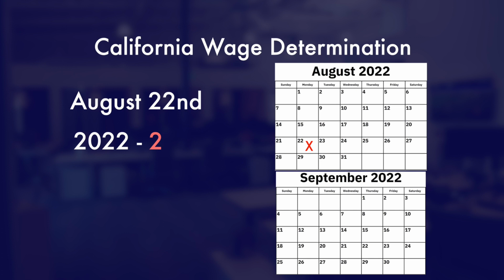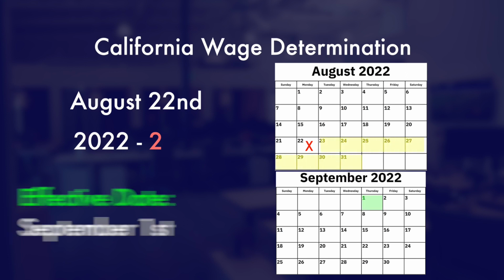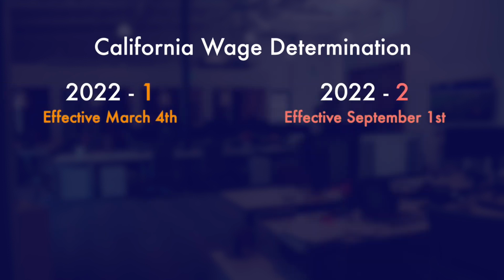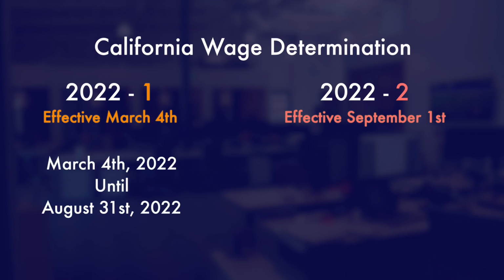The 2022-2 wage determination would be in effect 10 days from August 22nd, 2022. 10 days after August 22nd, 2022 is September 1st. Using these 2 dates, the 2022-1 wage determination would be used for any project with a bid add date from March 4th, 2022 through August 31st, 2022, which is the last day before the 2022-2 determination would come into effect.